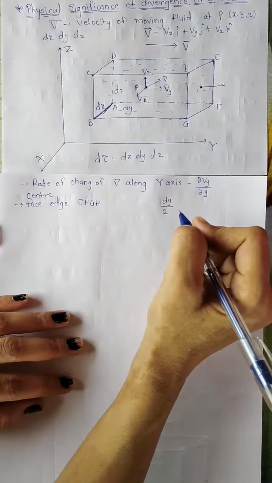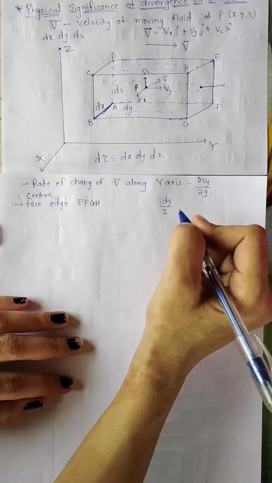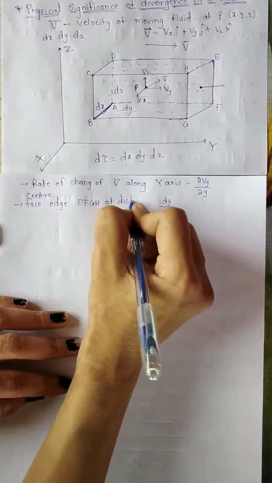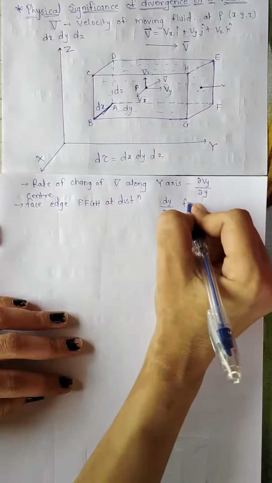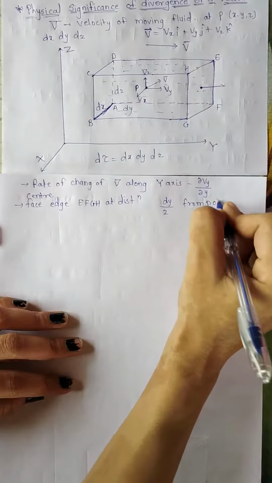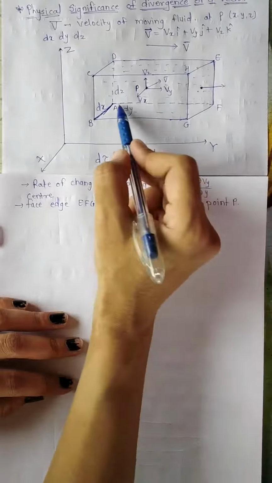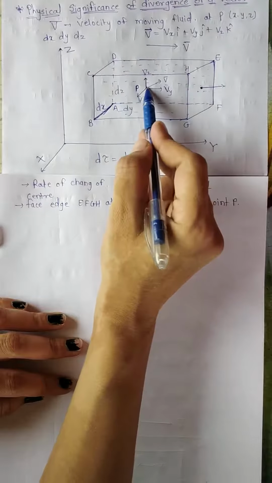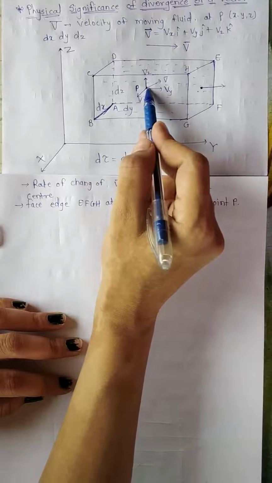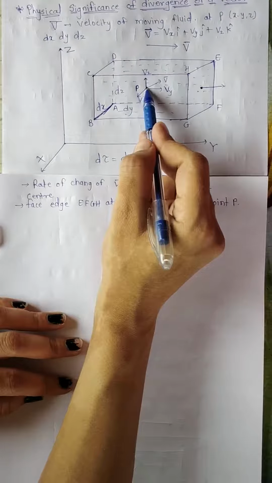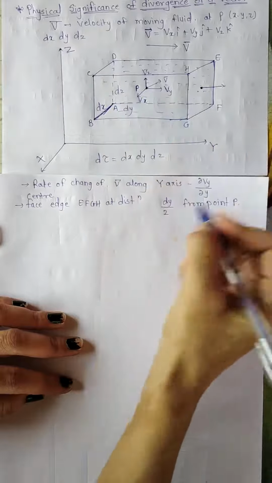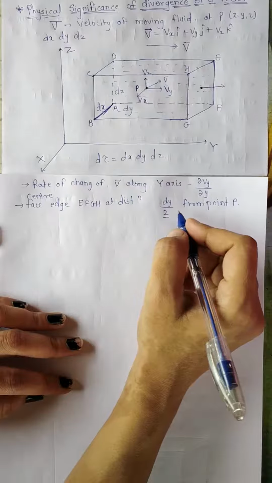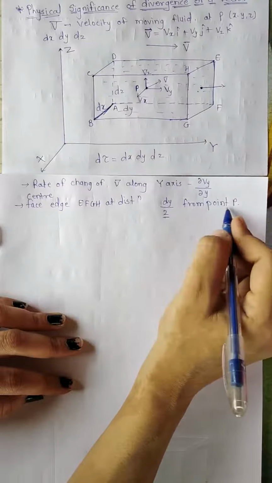If the total edge is dy, the distance between the center of the face and point P will be half of it, because we have considered point P at the center. This means it will be dy upon 2.